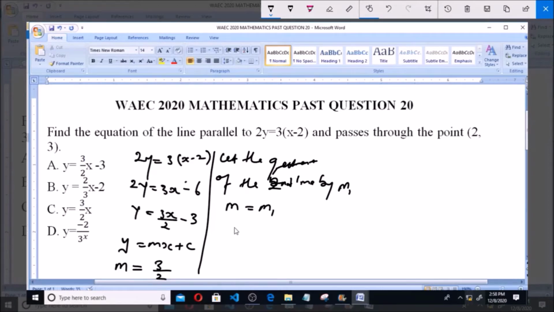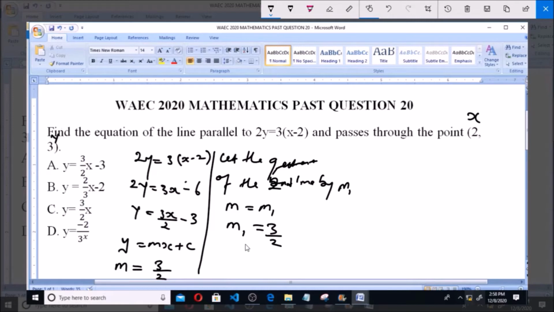So we can now say that m1 is also 3 over 2. Now we've gotten the gradient of the other parallel line. So to get the equation of this parallel line, since it passes through the point 2, 3, we can say this is x, and then this is y.